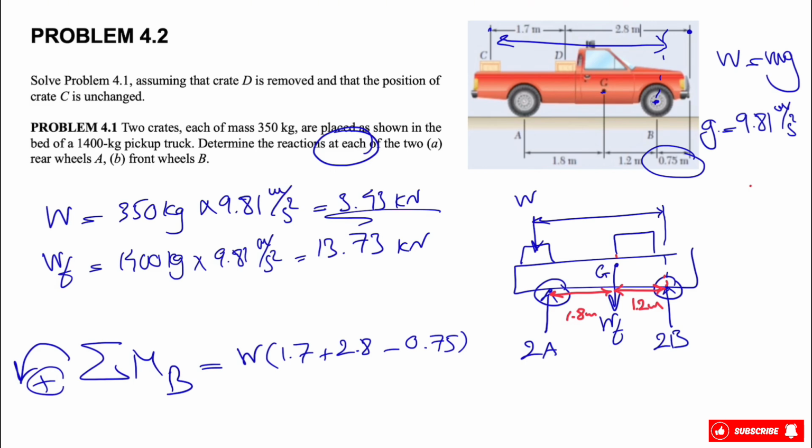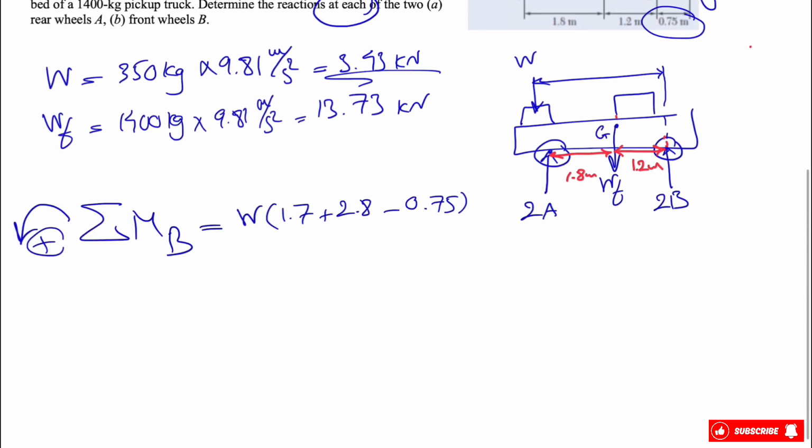Since the moment is counterclockwise, we have a positive sign. So that was the first part.